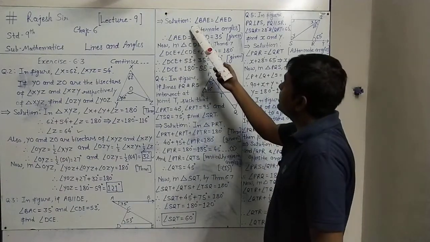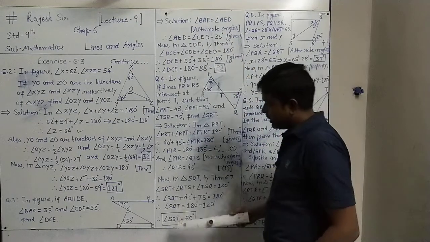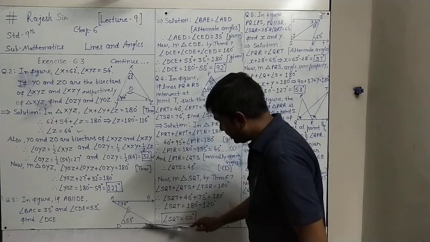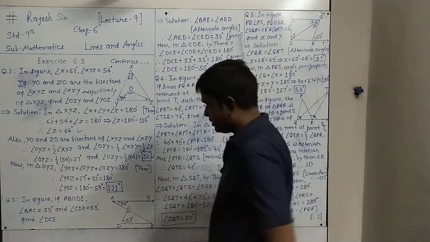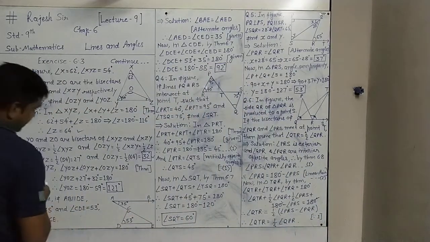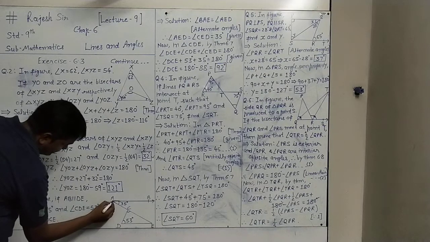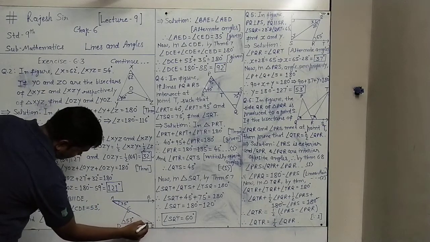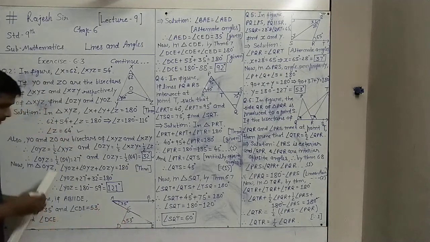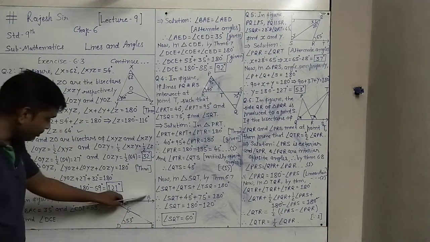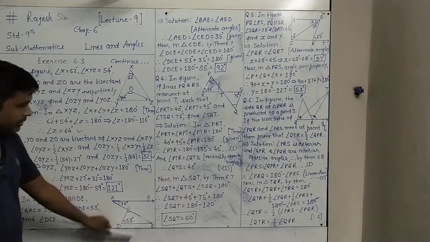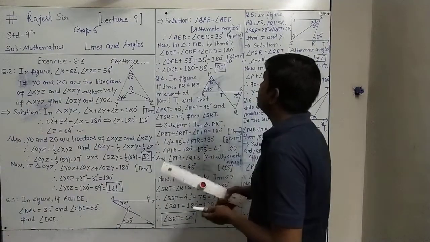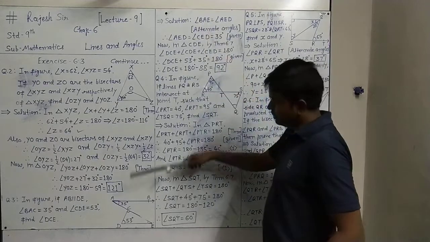Here we can directly say angle BAE equals angle AED, because you can see Z-corner angles, which are alternate angles. Alternate angles between two parallel lines are equal. So they are alternate angles and therefore equal because of the parallel lines.